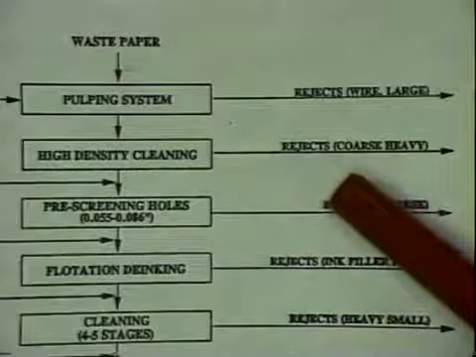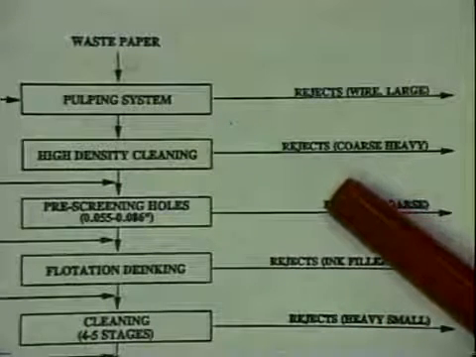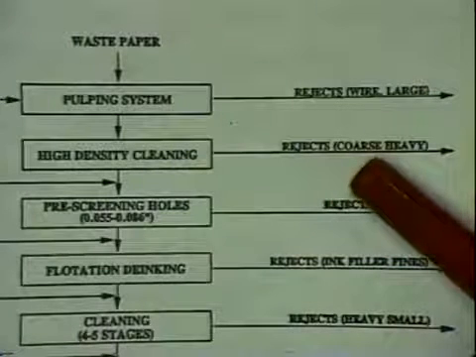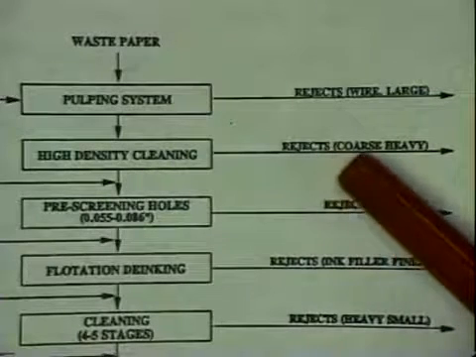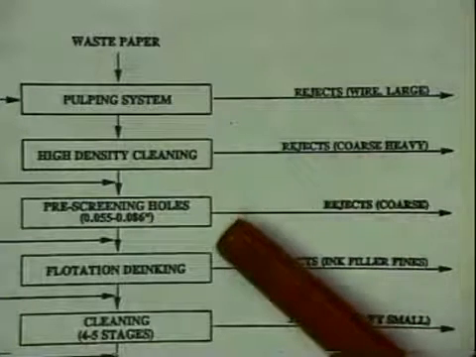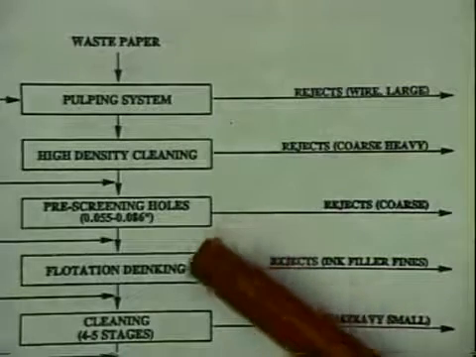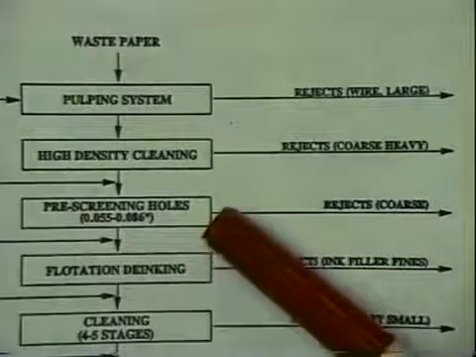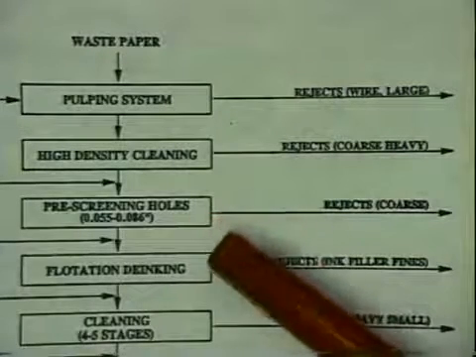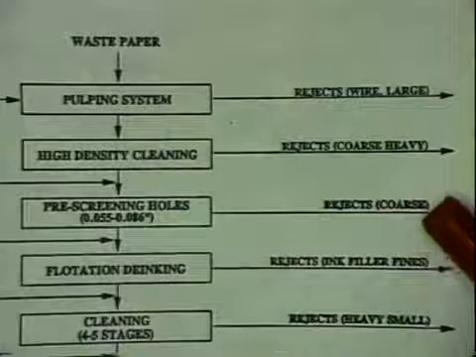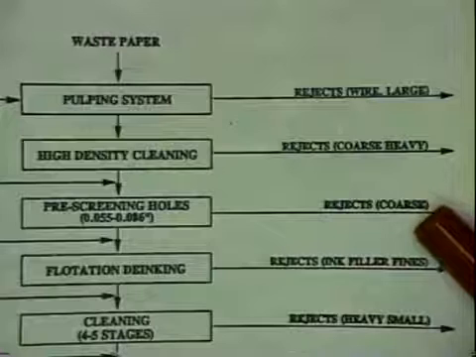Here we're removing things like staples, metals, glass, paper clips, very larger items. Then we're going to go to pre-screening holes. And in this case, we're going to use 0.05 to 0.09 inch holes. And we're going to, again, remove rejects, coarse rejects, little pieces of plastic, things like that.